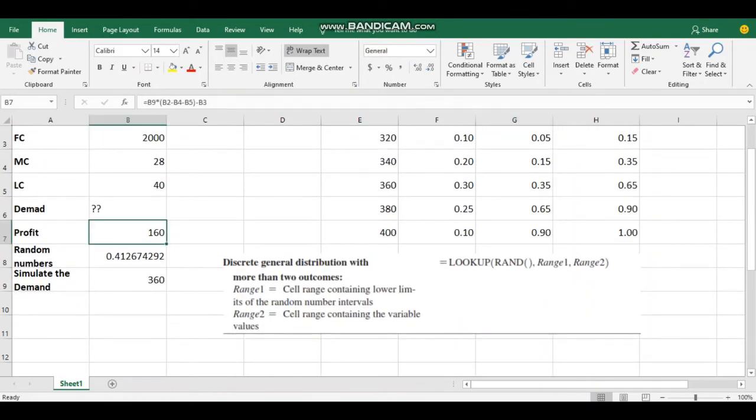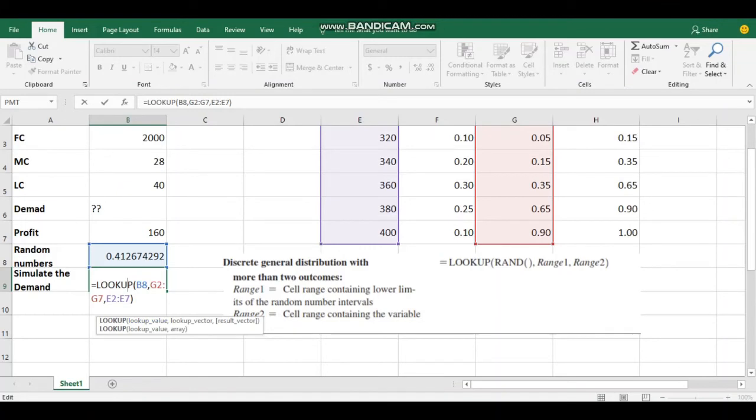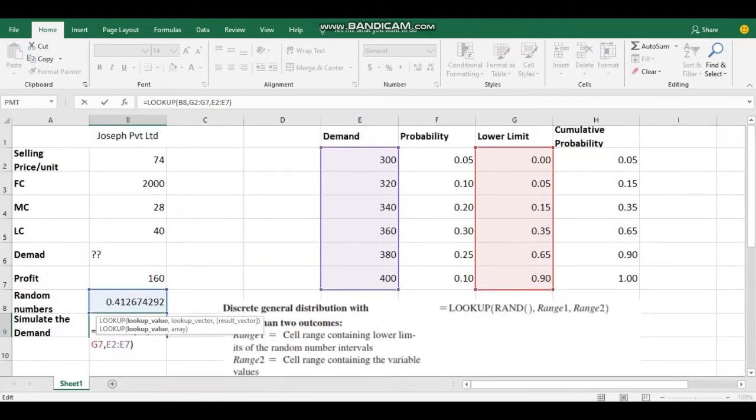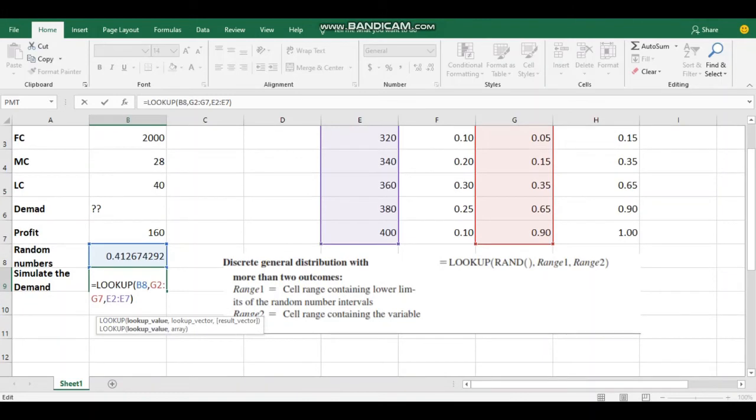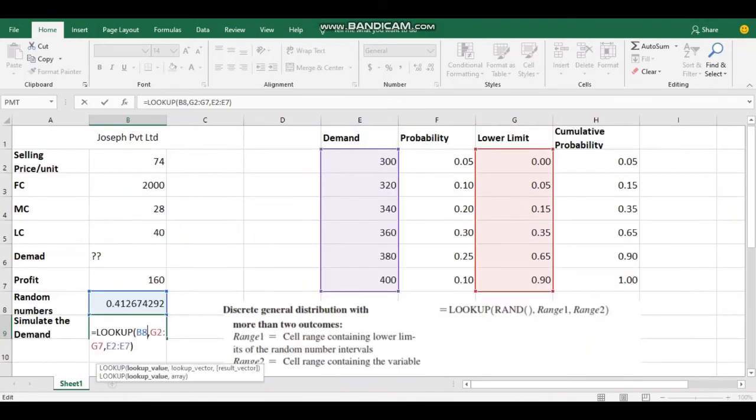Then you come to the lookup formula. It uses the random function, comma, range 1, which is the cell range containing the lower limit, comma, the cell range containing the values. We are actually simulating the demand, so that is this.